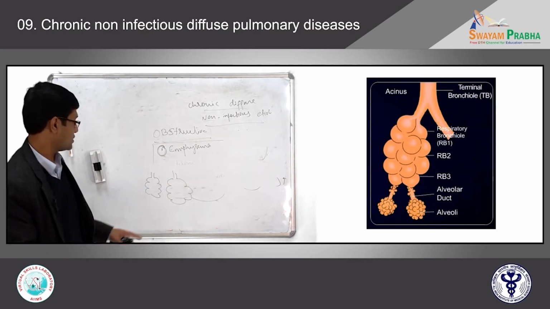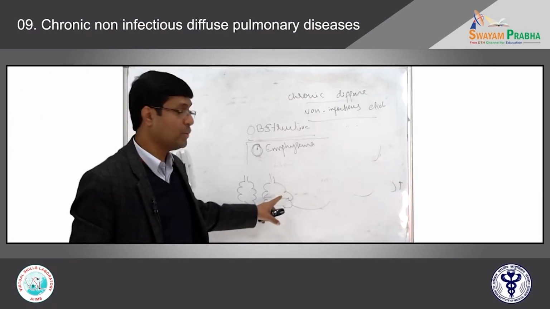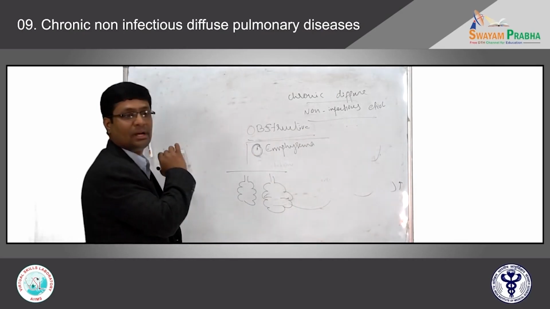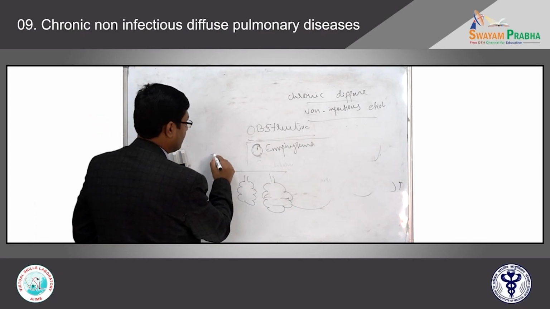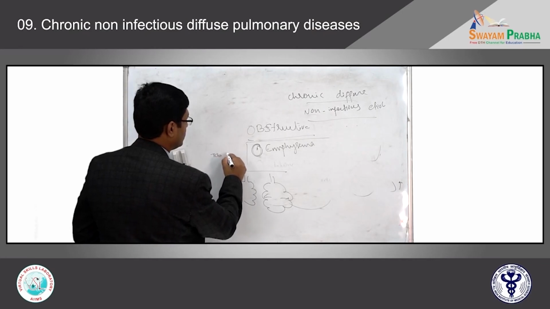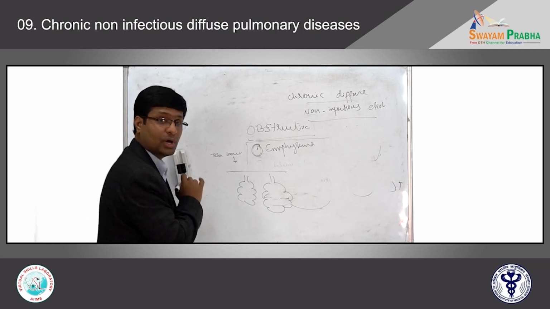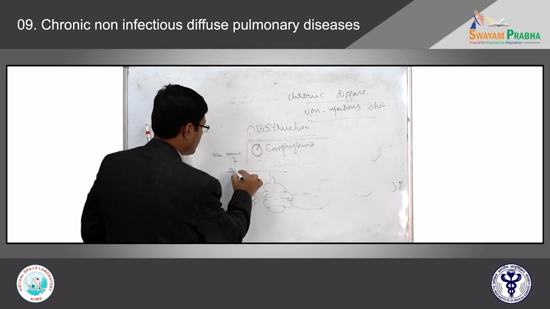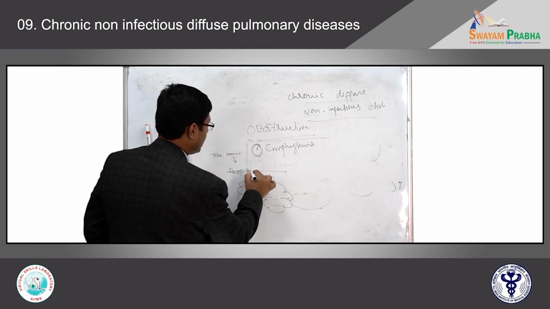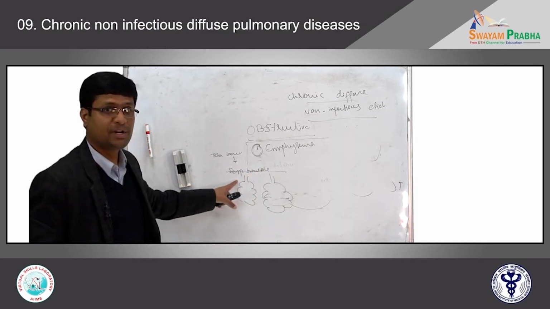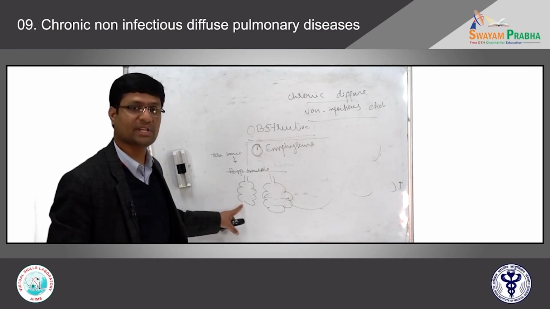It occurs only distal to the terminal bronchioles. We have terminal bronchioles here, which lead to a respiratory bronchiole. Respiratory bronchiole leads to alveolar sacs.